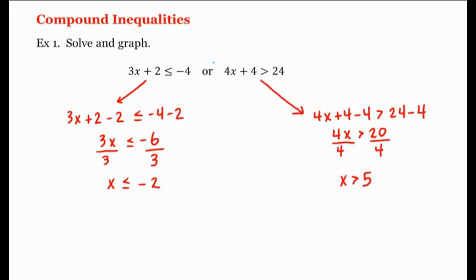Now, because our inequalities are joined by the word or, our solution here will be all x values that make at least one of these inequalities true. So let's graph this. So here's 0. Let's say this is negative 2, and this is 5.